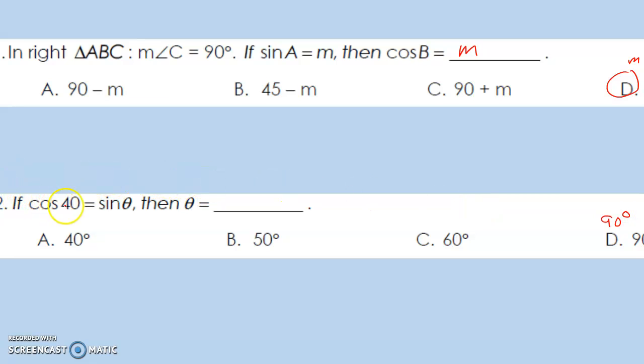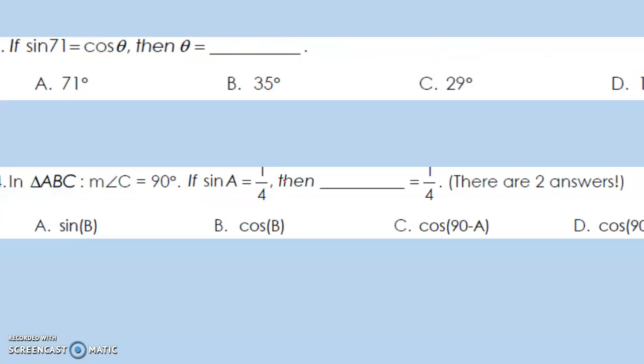It says the cosine of 40 equals sine of theta, then my theta has to be equal to 90 minus 40, which would give me 50 degrees. If sine of 71 is equal to cosine theta, then again I'm going to do 90 minus 71, and it would be 19, which is what D is over here.